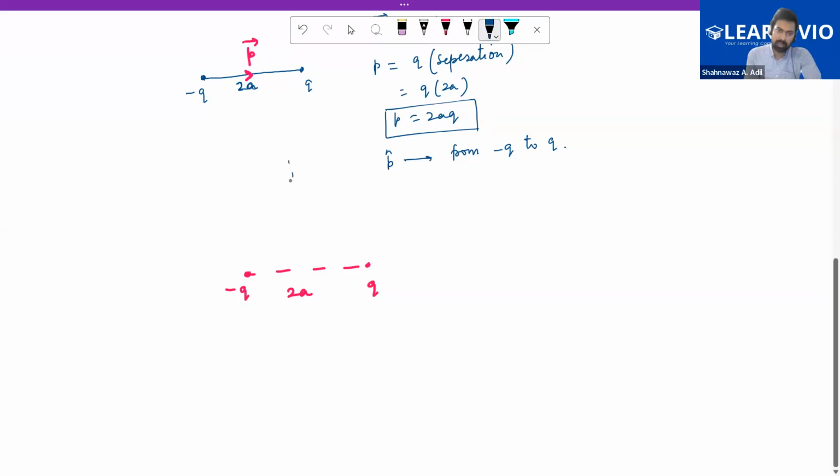One would be on the perpendicular, and the other would be along this line. So we are calculating at, let's say, point P and point Q. This point P would be called the axial point, and this point is what we call the equatorial point.